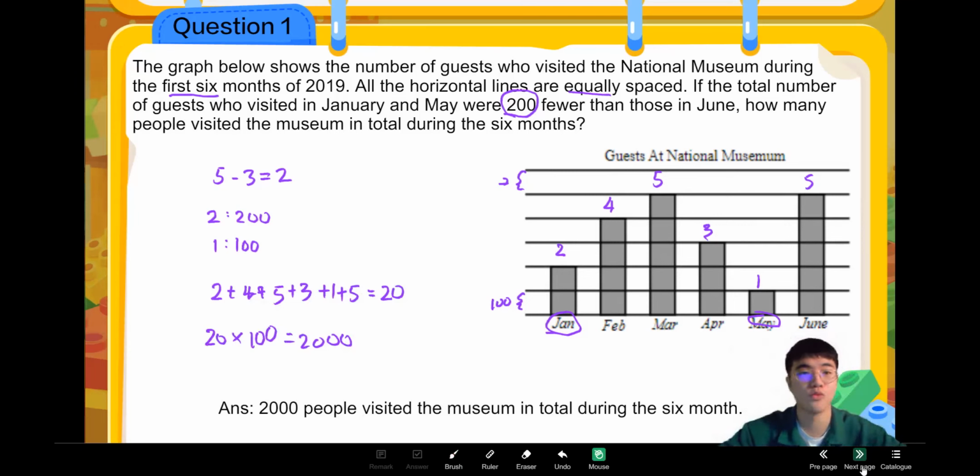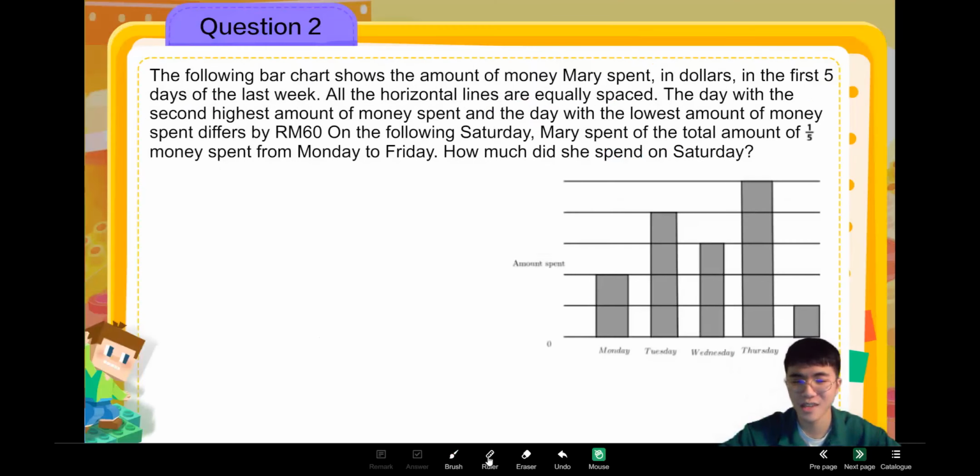Now let's move to question 2. It's a little bit harder, but let's go through it together. The following bar chart shows the amount of money Mary spent, in dollars, in the first 5 days of last week. All horizontal lines are equally spaced.